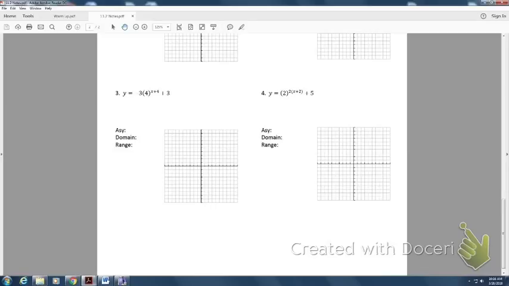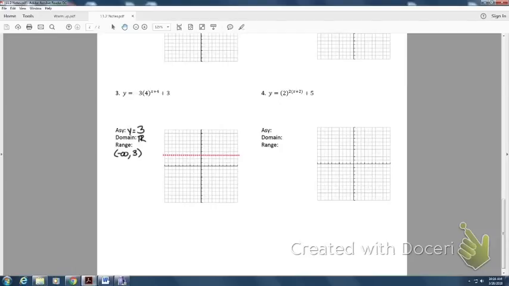Alright, so looking at this, we'll just go through graphing it here. So, Hunter, what is my asymptote? 3. Jeremy, what is my range? Negative infinity to 3. Why negative infinity first? Because the A is negative. Okay.